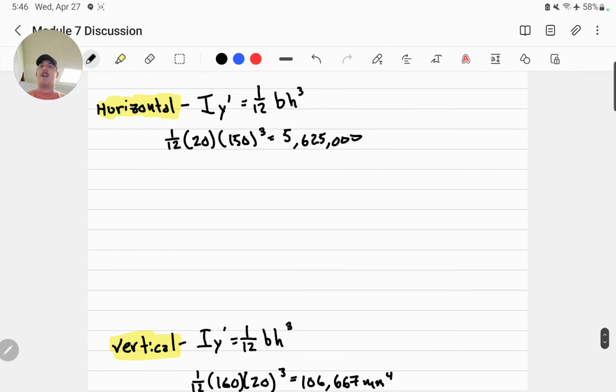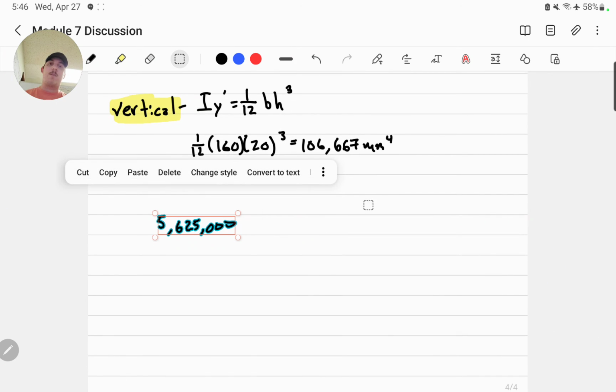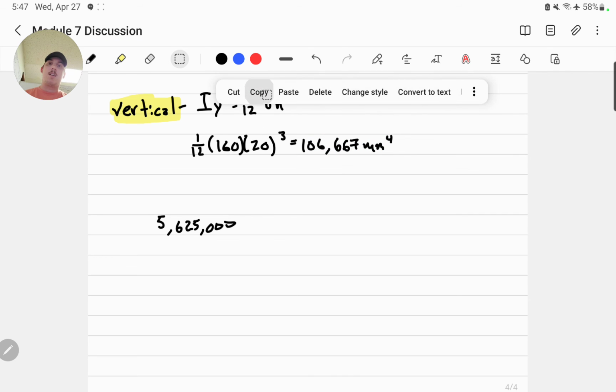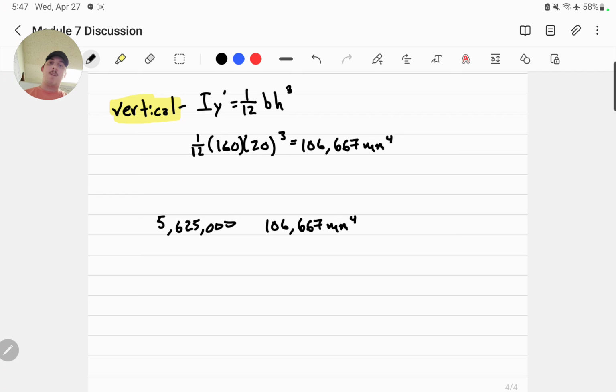Then, same process, adding together my totals for the vertical and horizontal gives me a grand total of 5.73 times 10 to the sixth millimeters to the fourth. That is my moment of inertia for y.